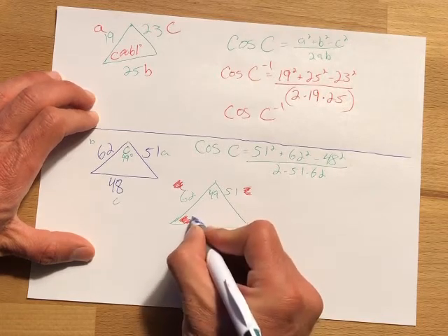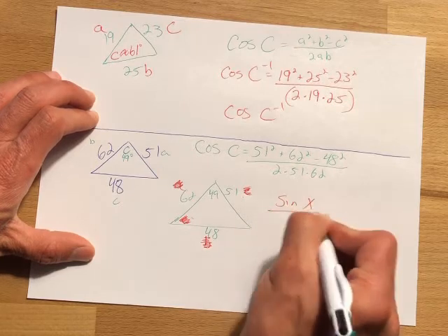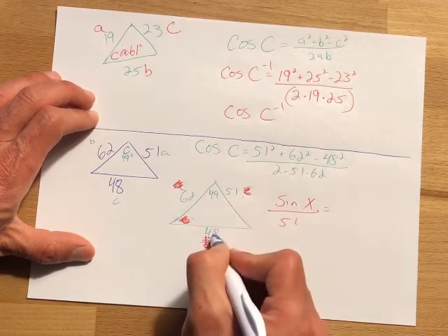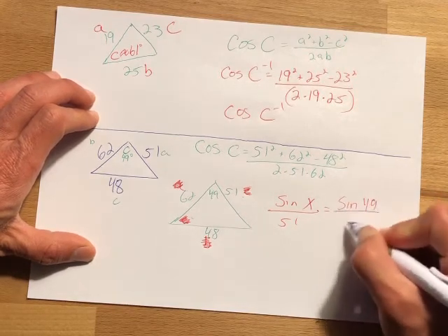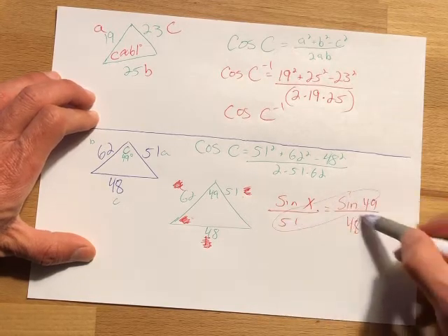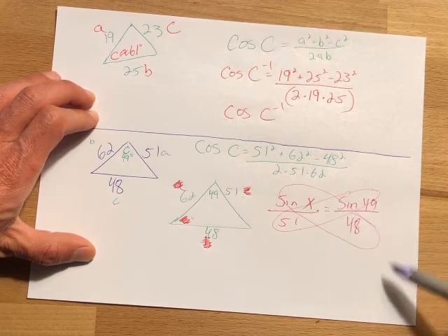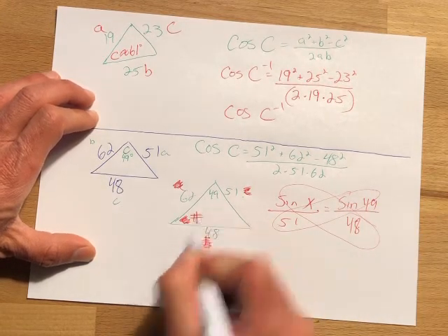We're just going to say sine X over 51 equals sine 49 over 48. Now what you're going to do is cross multiply, divide this answer by 48, and then inverse sine to find this specific number.